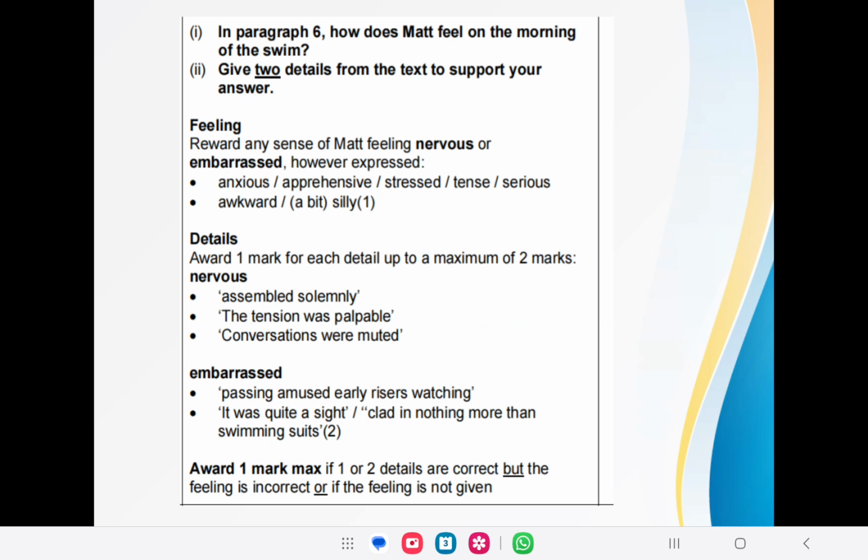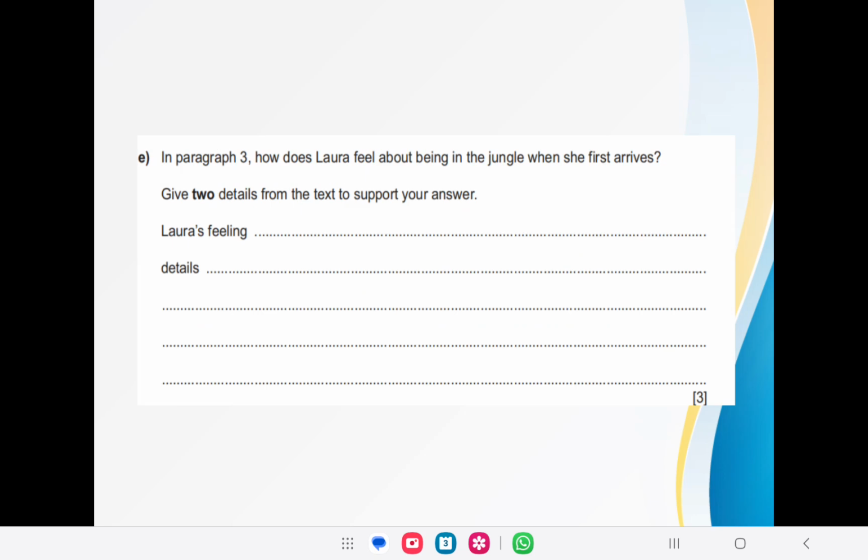So if you are choosing that he was nervous, it has different details. If you are choosing that he was embarrassed, it has different details. So you should be mindful of that. Any feeling that you are choosing, you have to prove that he was feeling like that, and the details that you are giving are a kind of proof, or evidence of that.